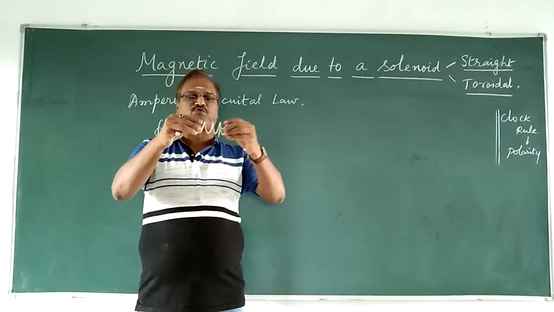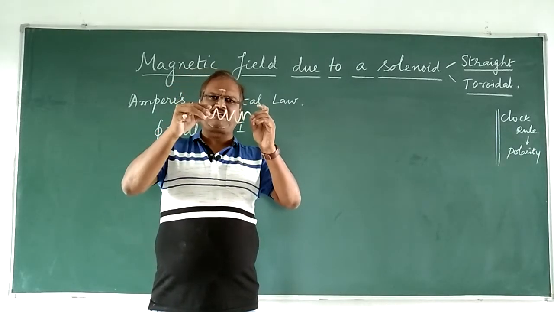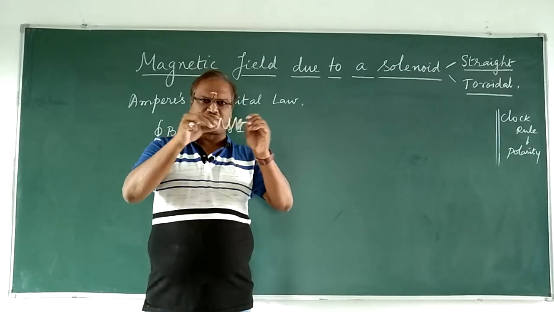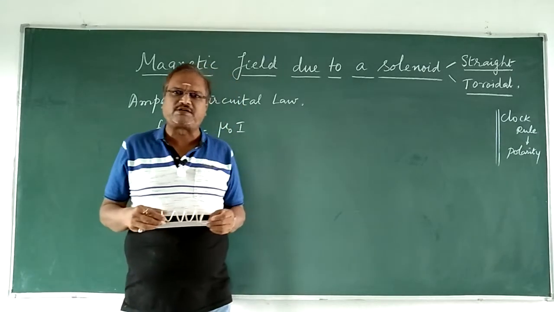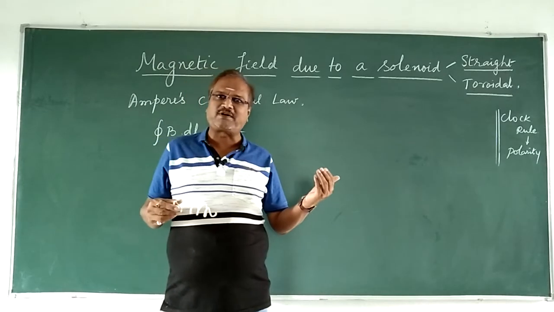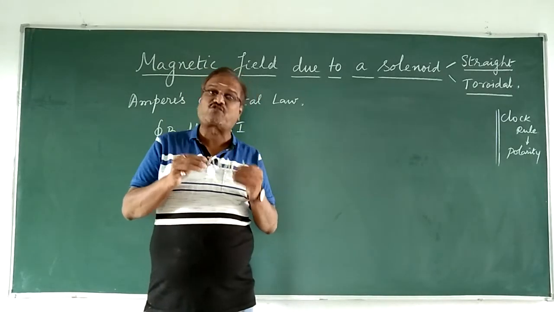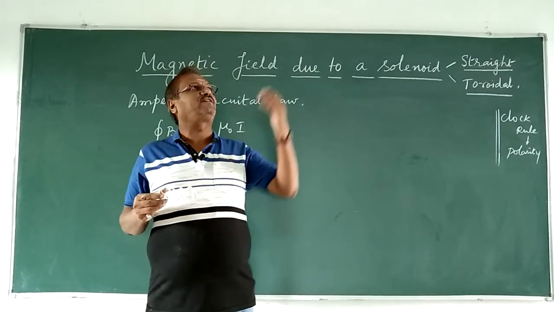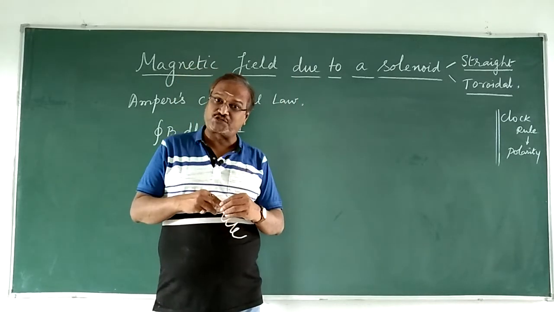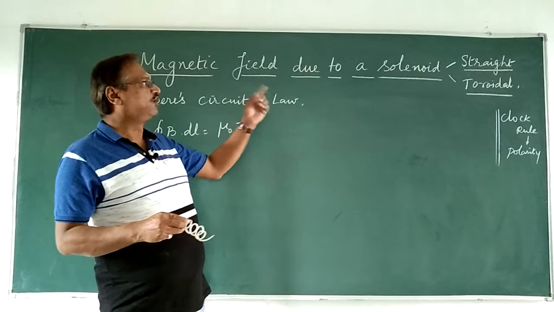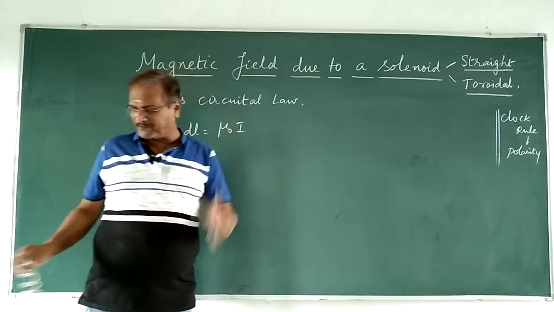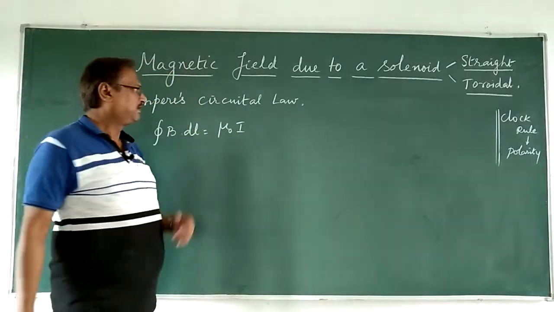It can have n number of turns, 500 turns, 1000 turns. Usually it is copper. You can find it in fans and motors, where you'll find solenoids. It is made up of basically copper.